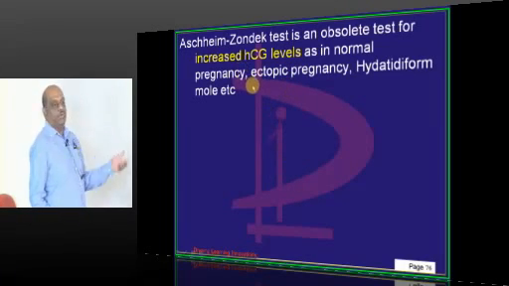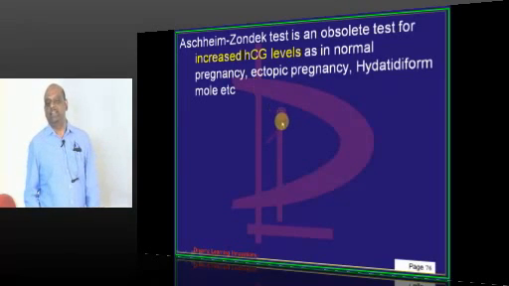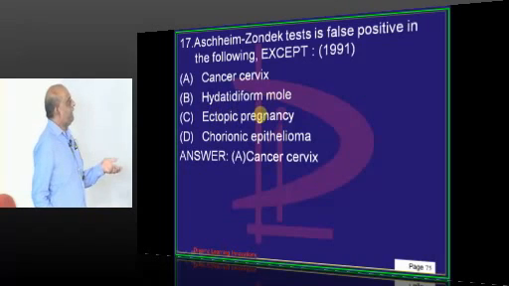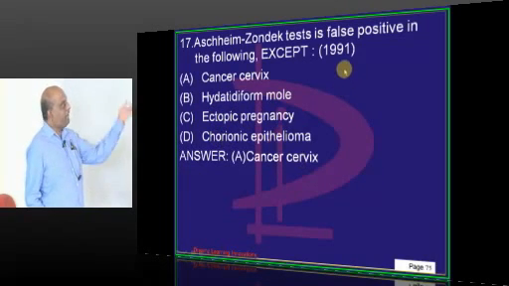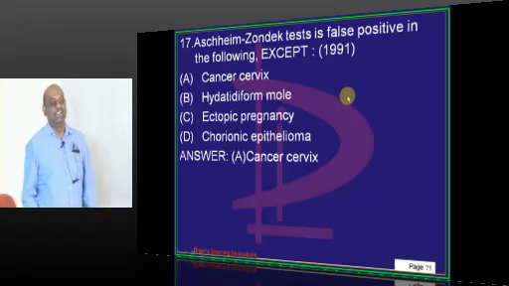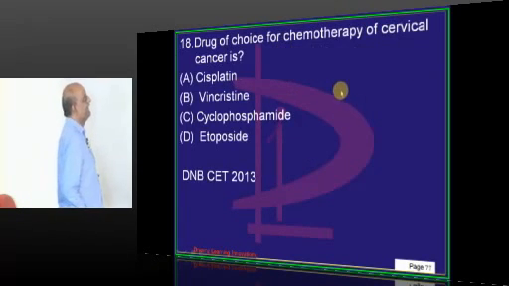It is a test to look at increased HCG levels. Increased HCG can be found in hydatidiform mole, ectopic pregnancy, chorionic epithelioma. Asked in 1991 DNB. 1991 is the MBBS batch I joined. After that it was never asked, take it as an obsolete question.